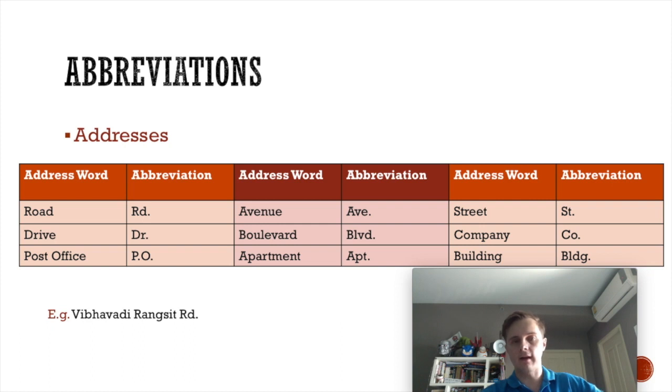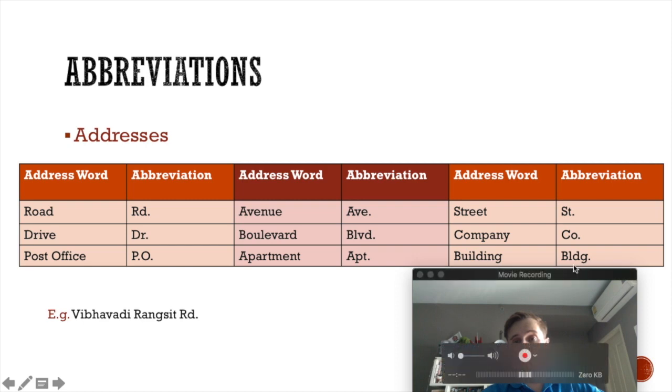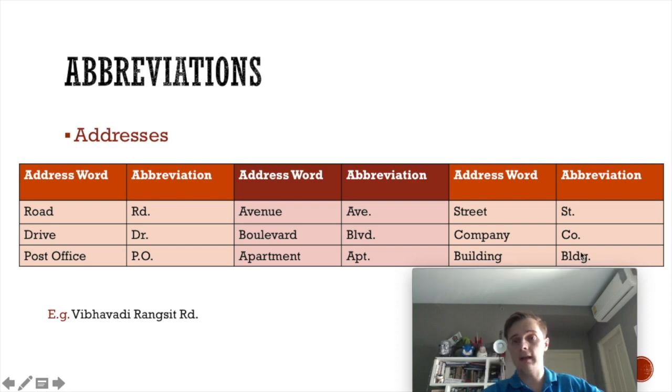So it's an address at a post office where you can write a letter to. If you have an apartment, A-P-T, period, and if there's more than one building, B-L-D-G, period. So an example, our school is on Vipavadi Rangsit Road, but when you write the address, you could just write Vipavadi Rangsit and then R-D, period.